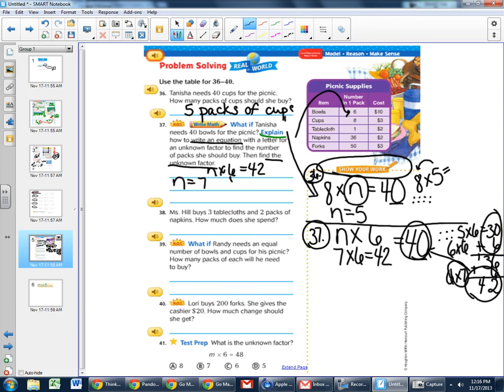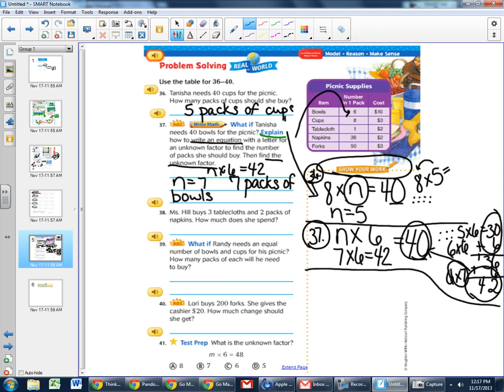We know that she needs to be buying 7 packs of bowls. Okay? And then she would have 2 left over. Let's see if I can explain the next one a little bit less confusing.